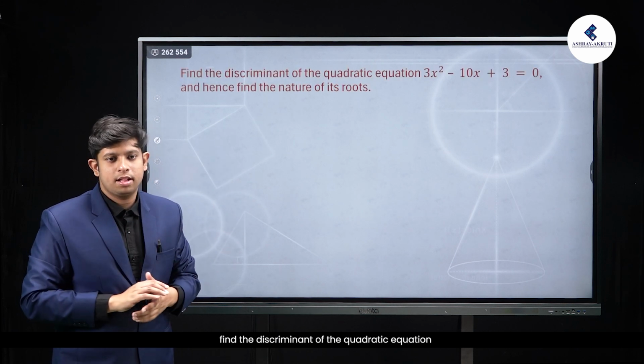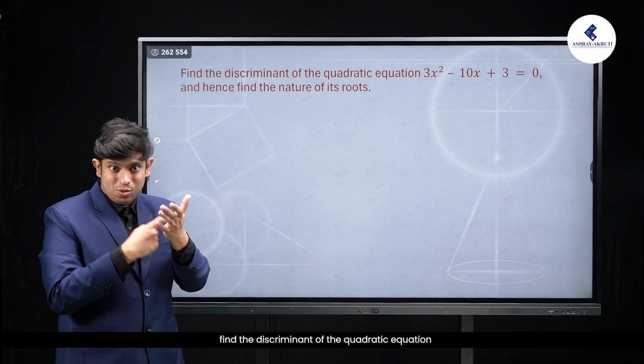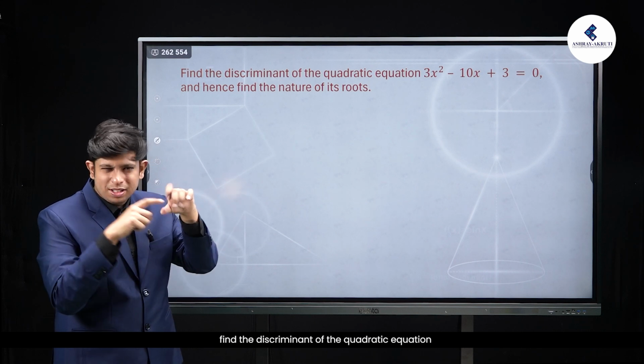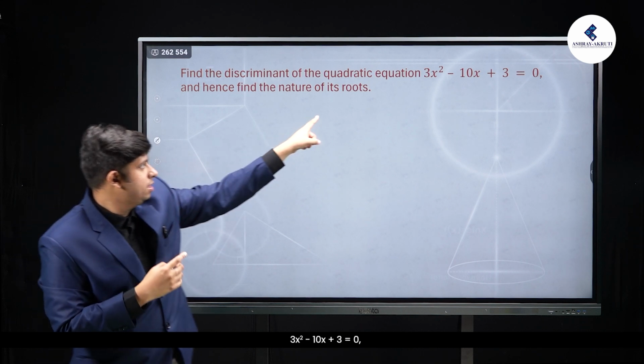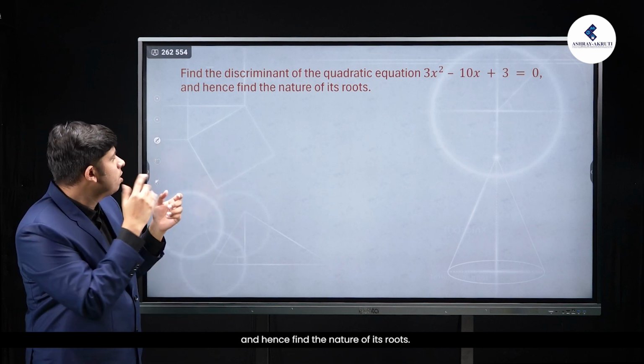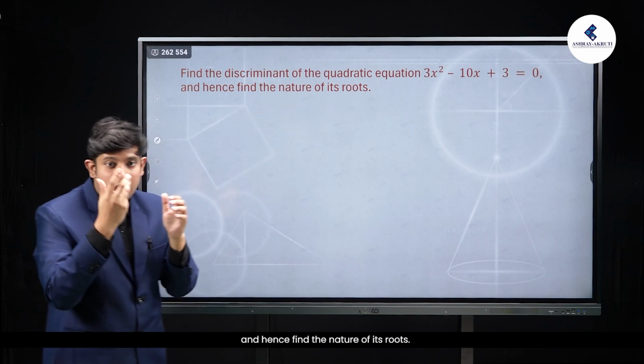Example: find the discriminant of the quadratic equation 3x square minus 10x plus 3 equal to 0 and hence find the nature of its roots.